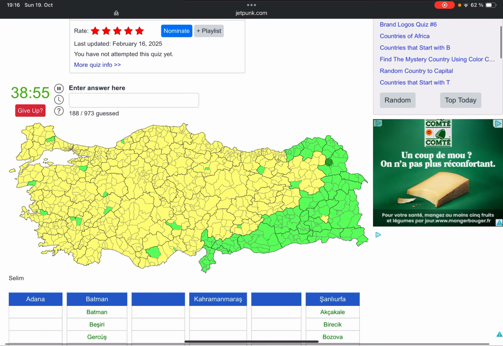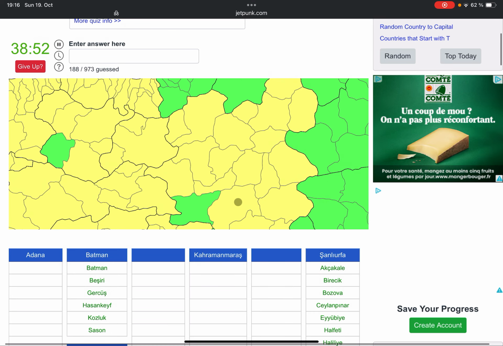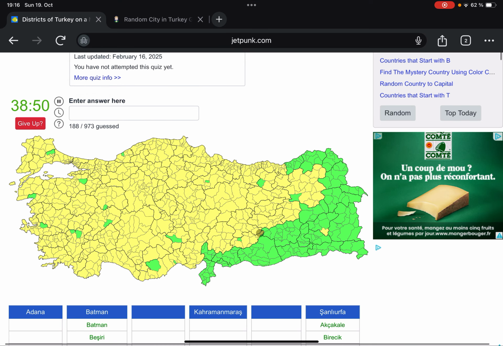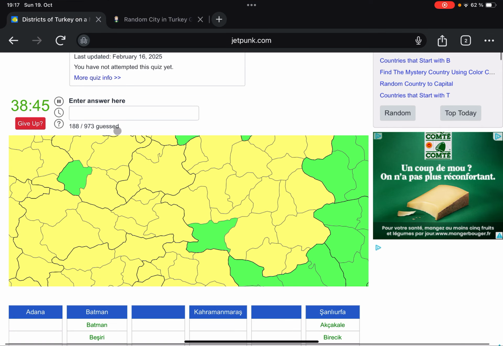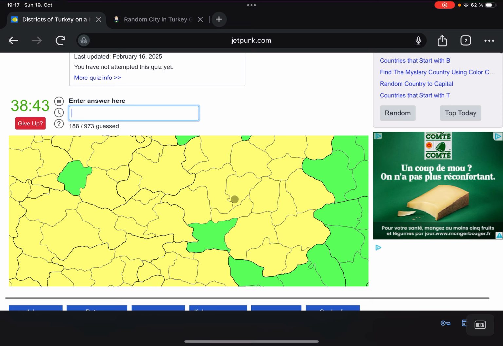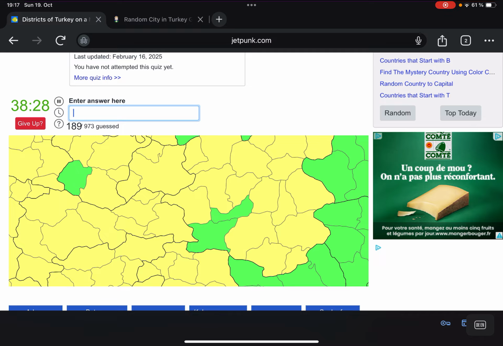Alright, let's just quickly do the province of Erzurum. Erzurum, one of the cities like before, where the city itself is actually pretty big, and so it's split up into the greater Erzurum area, meaning that there are several districts that make up the city of Erzurum, and these are Palandöken, Aziziye. By the way, I never know Yakutiye.